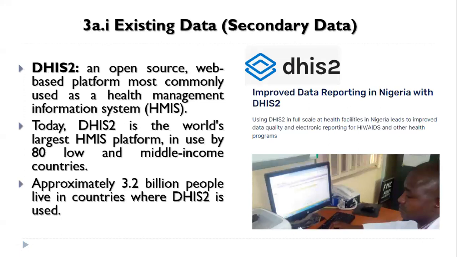You know, for those of us in the health sector, it is an open source web-based platform. You know, it's also referred to as the Health Management Information System. A lot of health centers in Nigeria, they have it. And they put data inside there every day. It's a large database. Large, very large database.